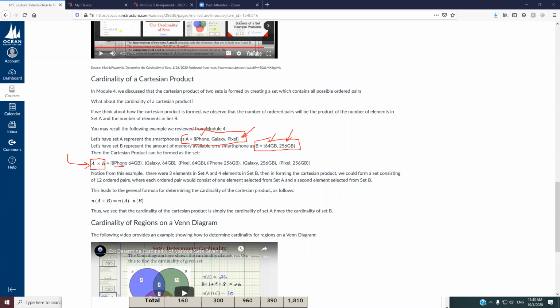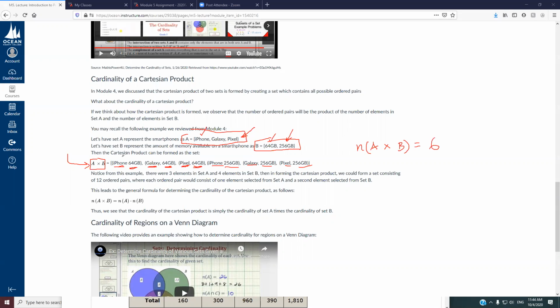So here's iPhone matched up with 64 gigabyte. Here's Galaxy matched up with 64. Here's Pixel matched up with 64. Then I'm going to take the next memory capacity, 256, and match it up with each smartphone. So you can see here, there's really going to be 6 elements. So if I think about the number of elements in this Cartesian product, there's 6.